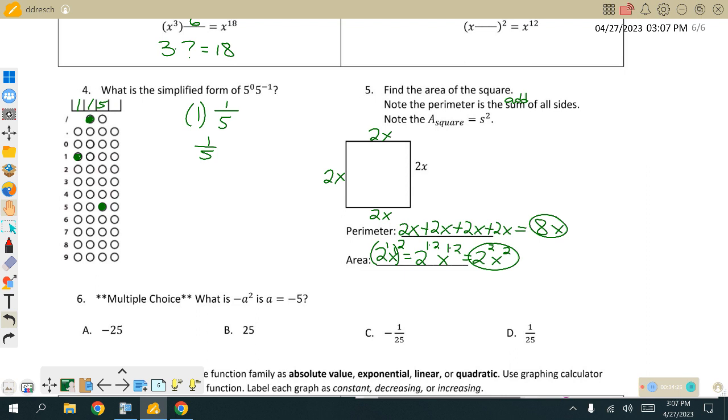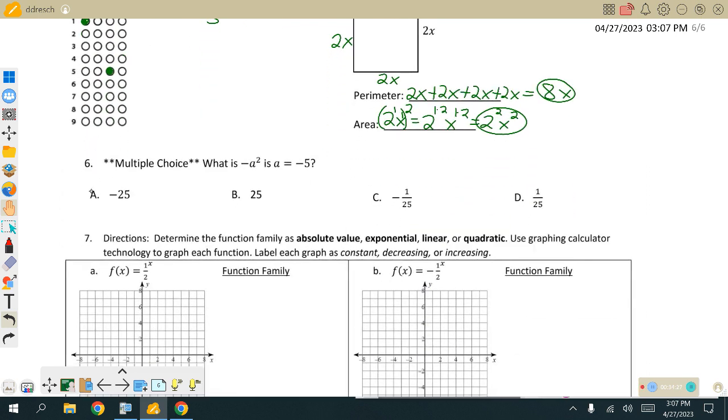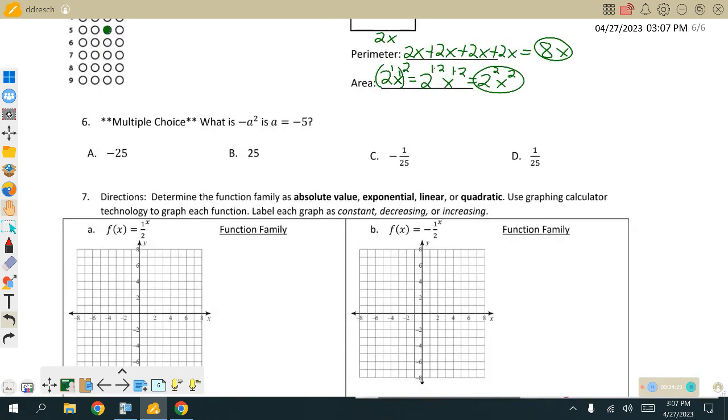Okay, last one I want us to do is number 6. Go right to your calculator. Here's our easy one, but just like we did the area one, you better make sure you type this in correctly. Some of you did not do this the other day. When I wrote this out, I put parentheses around that -5. There's already a negative in front.